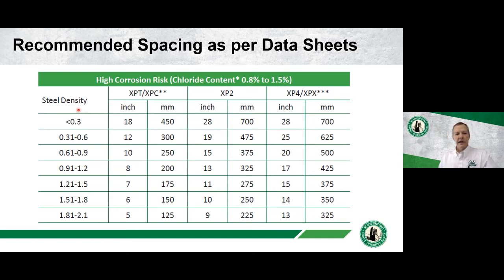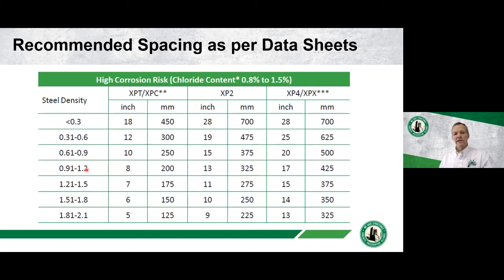You'll see on the left side here, we've got steel densities going from very low to very high. If we go back to what we calculated with our heavily reinforced concrete deck with a steel density of around 1, that puts you in this category here.